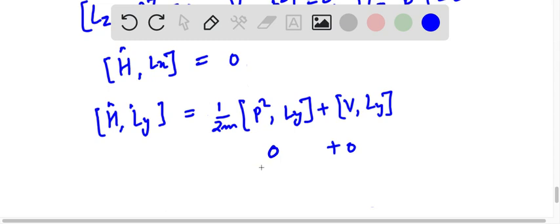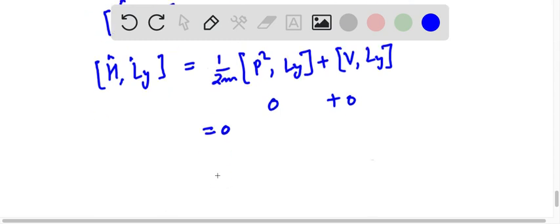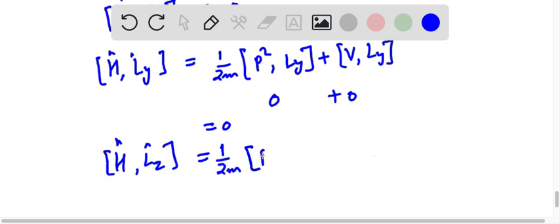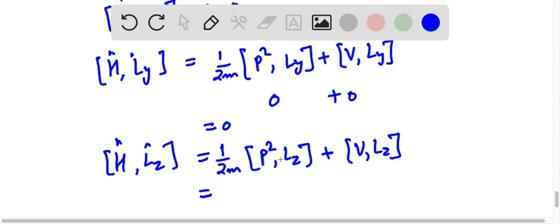So hence this value is also 0. Similarly, we can show that [H, Lz] is equal to 1 by 2m [p square, Lz] plus [V, Lz], and it is also 0. So hence we already calculated this value. This is 0 plus 0.